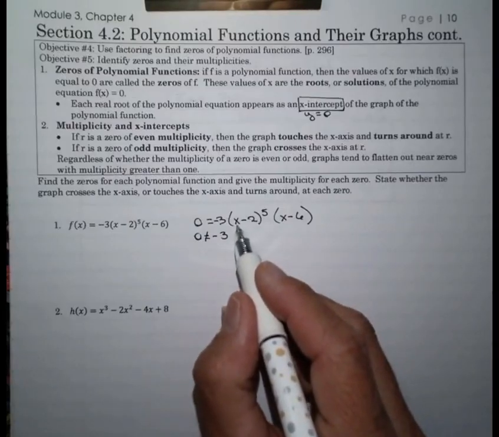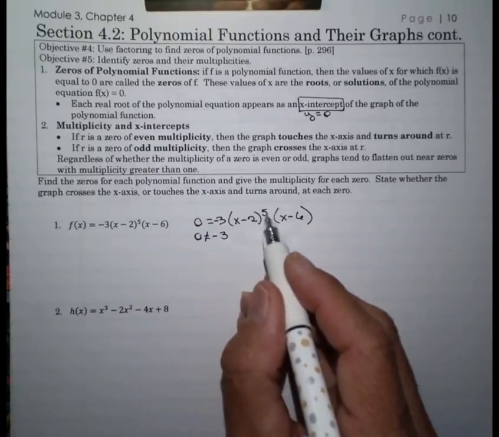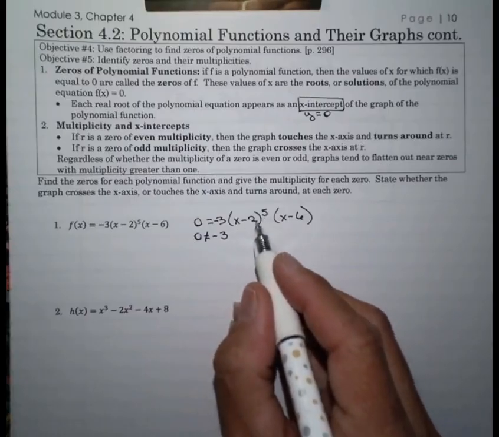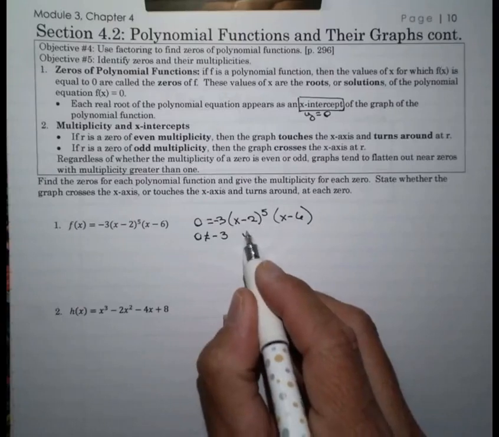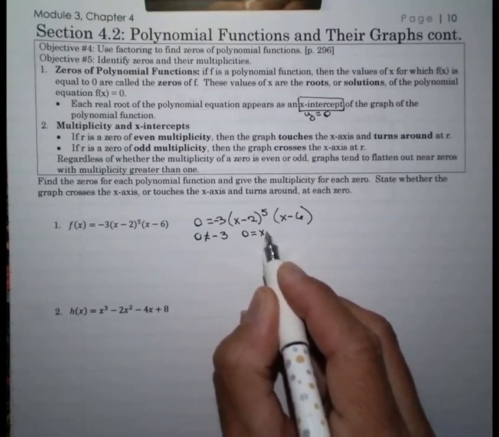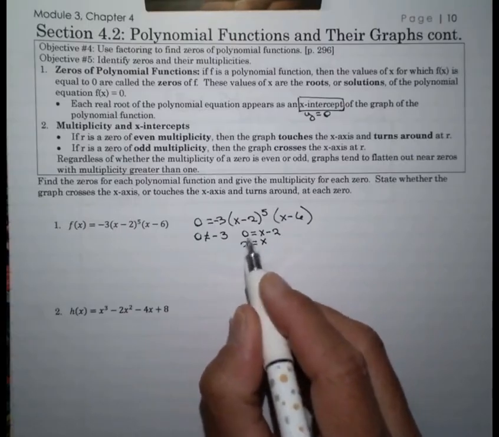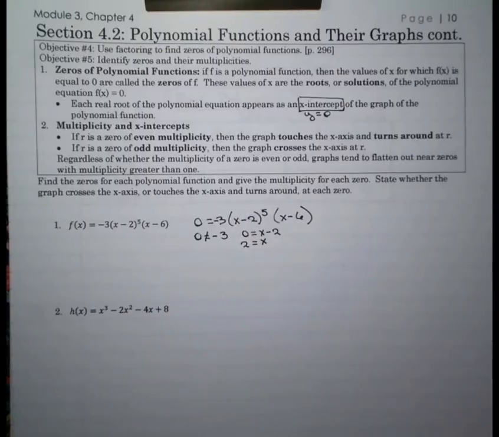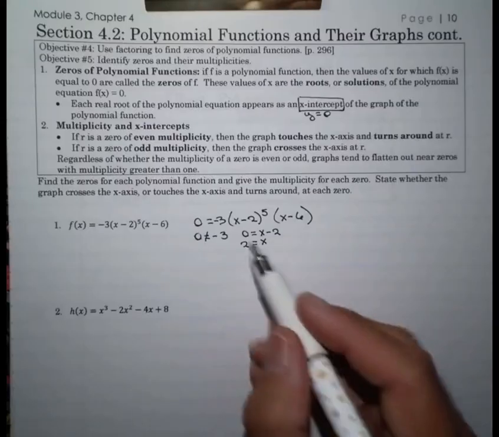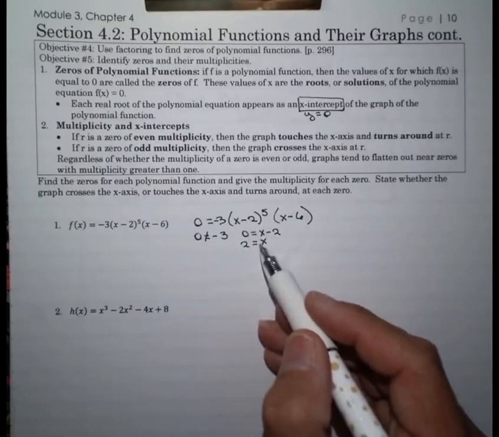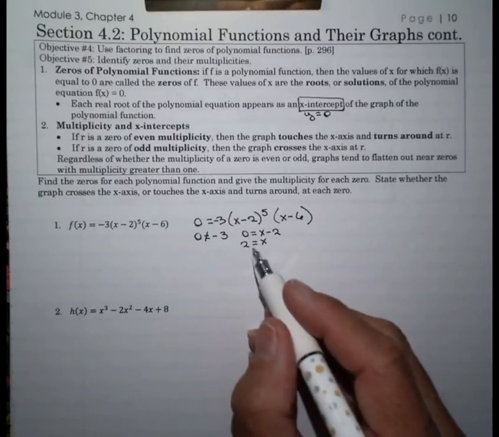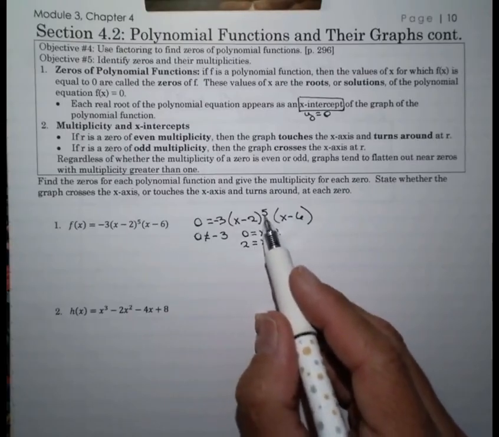But what about this one? X minus 2 to the power of 5. Well, that's really x minus 2, and I can look at it and say, well, 0 would equal x minus 2. And when I solve, I say x is equal to a positive 2. And you can probably do that without writing it out by now. I know that one of my zeros is going to be where x is equal to a positive 2. And it's going to happen 5 times.